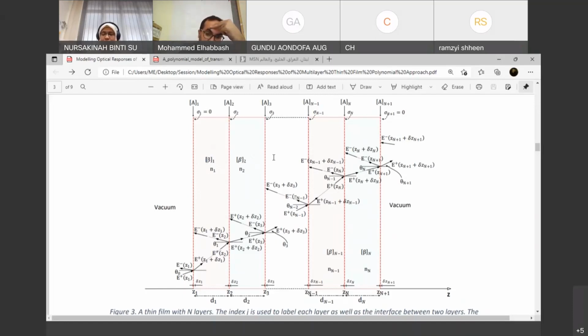But if we have 3 layers, then the light will pass through magnesium oxide 2 times, which means it propagates through beta 1 and beta 3, but it passes through calcium fluoride just 1 time, for beta 2.